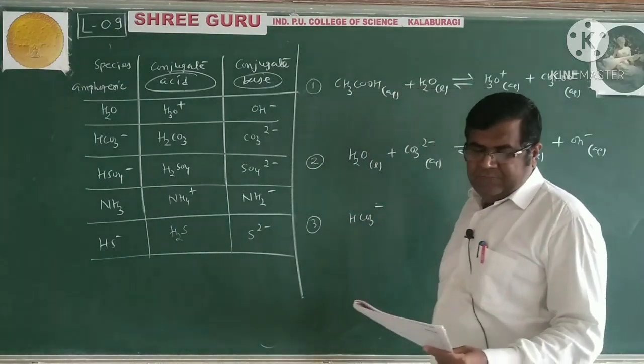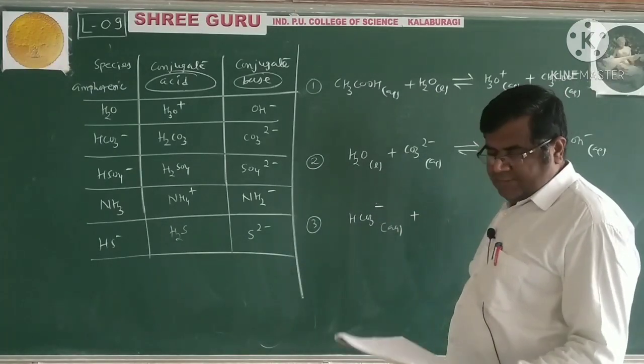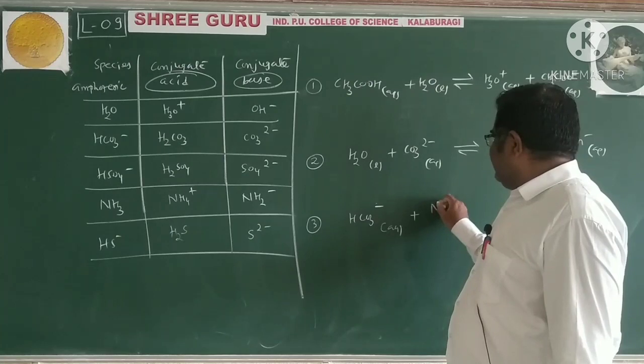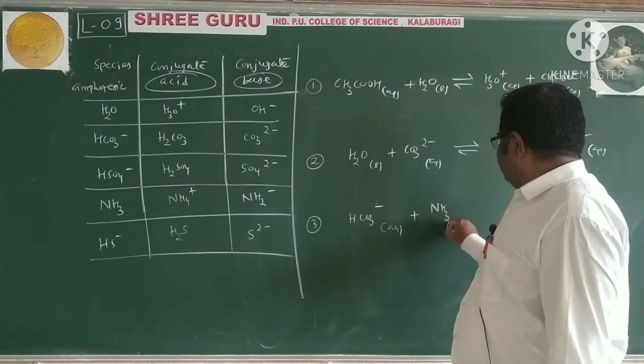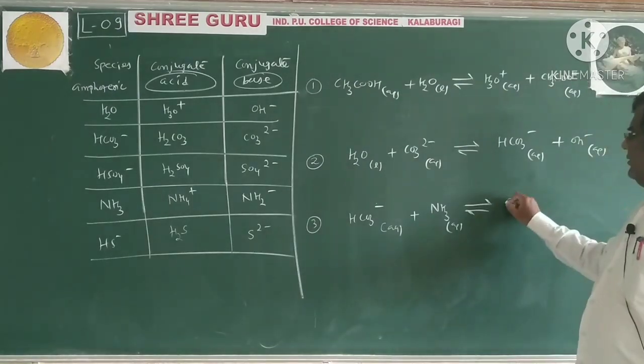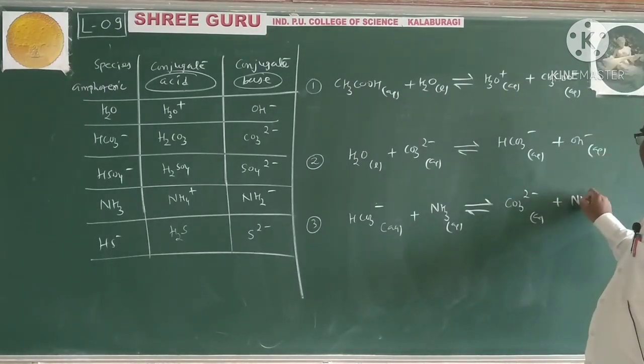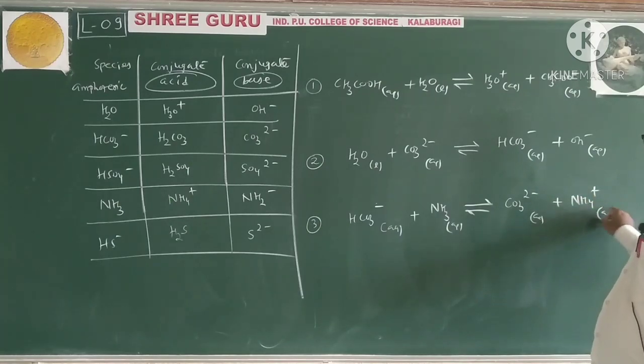Then HCO3 negative aqueous plus NH3 aqueous, and we get CO3 minus 2 and NH4 plus.